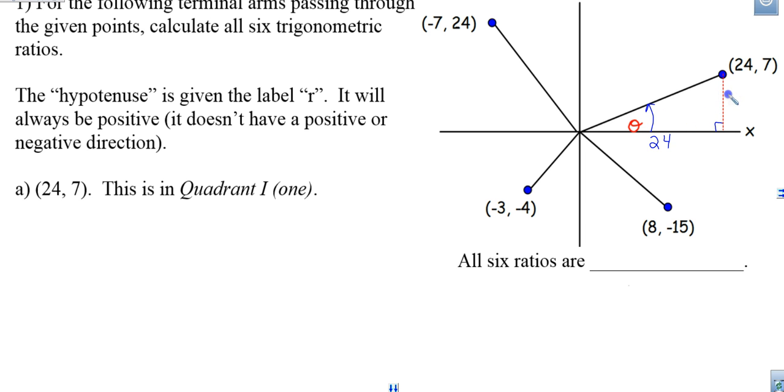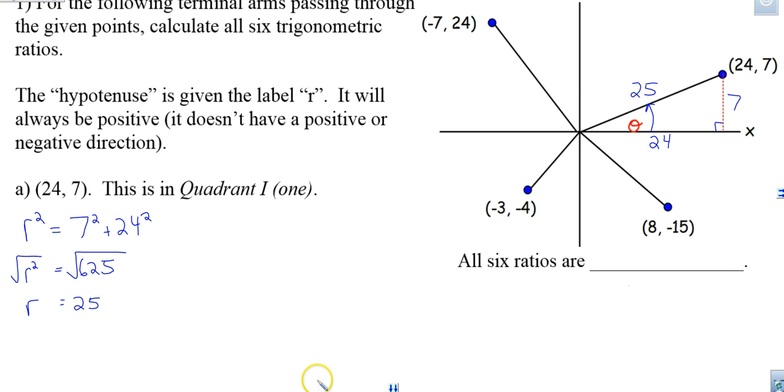Also, the height of the triangle will be 7, since that's the y value. Just like before, I have to calculate the hypotenuse. So r squared would be equal to 7 squared plus 24 squared. I'm going through this pretty quick because you should know the Pythagorean theorem by now. What we get is an r value of positive 25. So there is my hypotenuse.